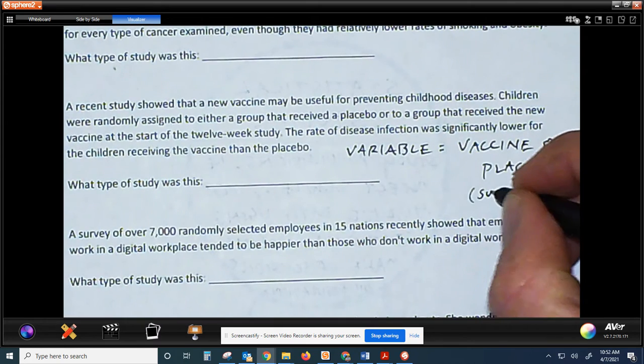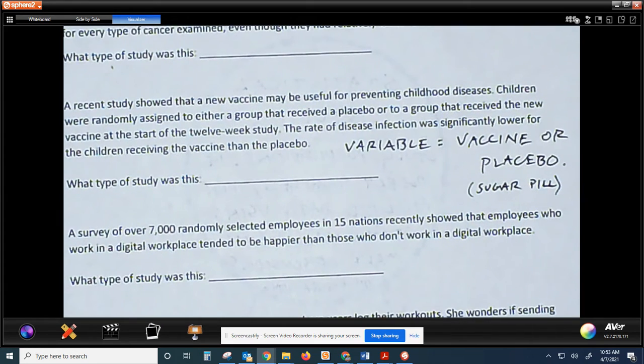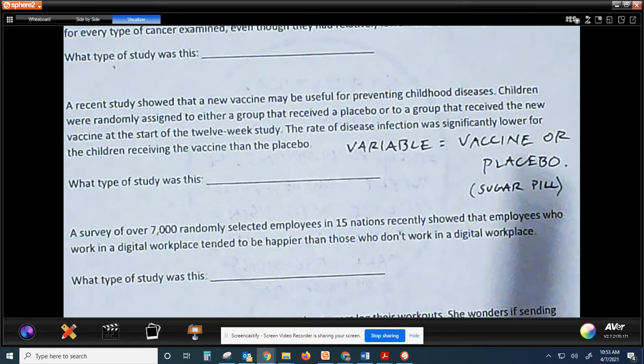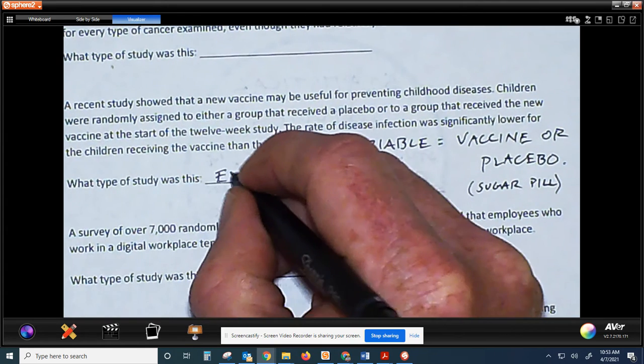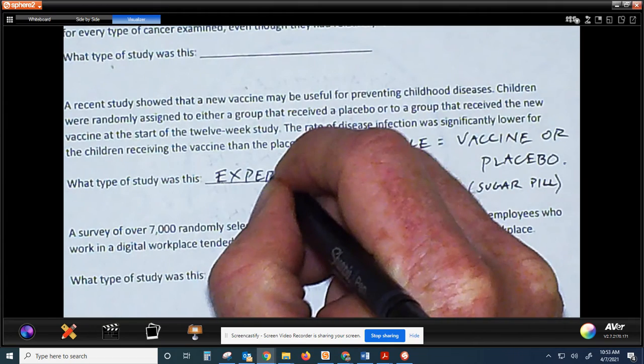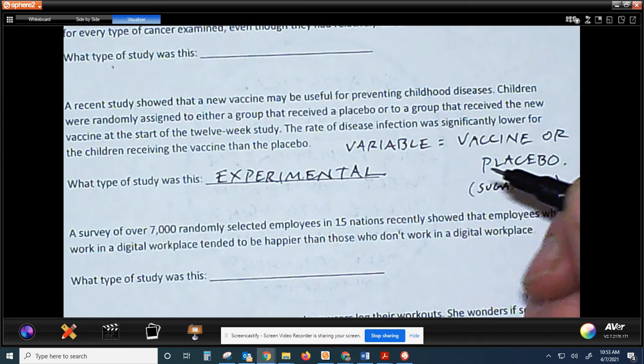And you can put this down here. A sugar pill, a placebo is literally that. It is a small pill that looks like the true medicine, but is just sugar. It does not have the medicine in it. Because the scientists controlled the variable, this is experimental. That is an experiment.